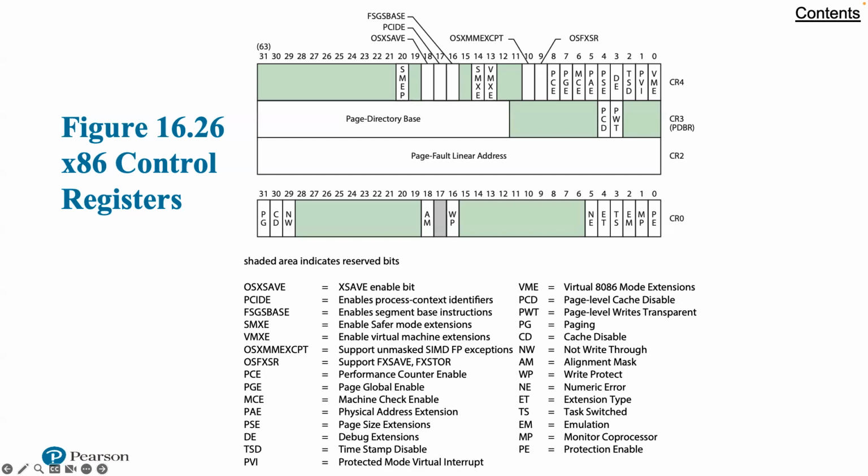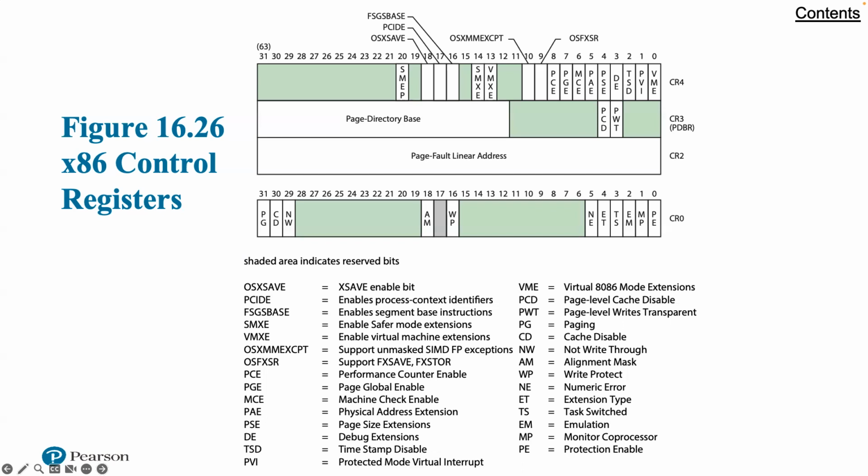Alignment mask, AM, disables alignment checking. Not write through, NW, selects the mode of operation of the data cache. When this bit is set, the data cache is inhibited from cache write-through operations. Cache disable, CD, disables the internal cache fill mechanism.